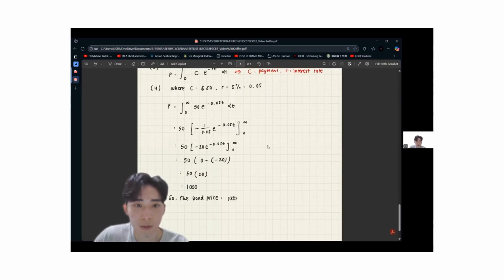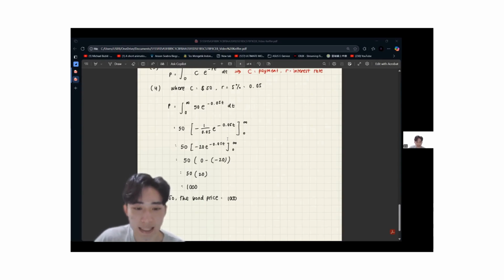Okay, so right here I've already done it too. For solving for the bond price, let's solve the integral step by step. First factor out the $50 with this calculation. At infinity, e to the power of minus 0.05t becomes 0.